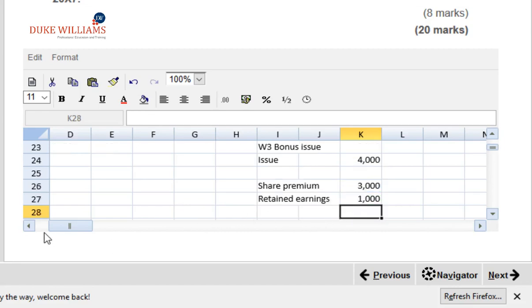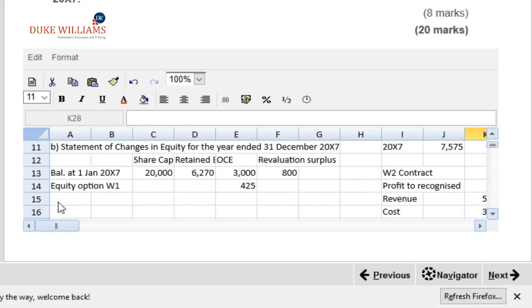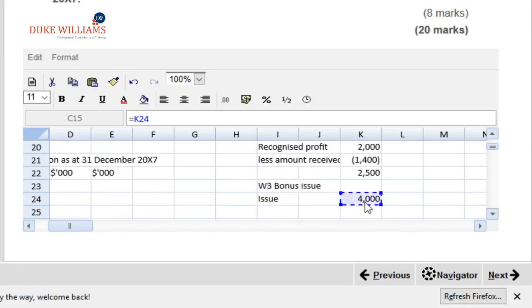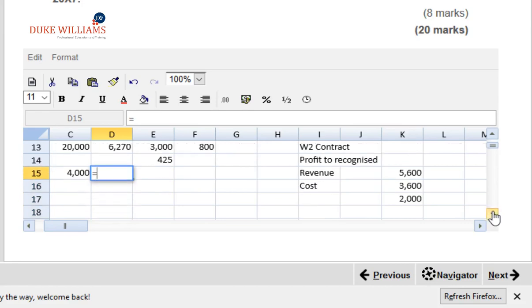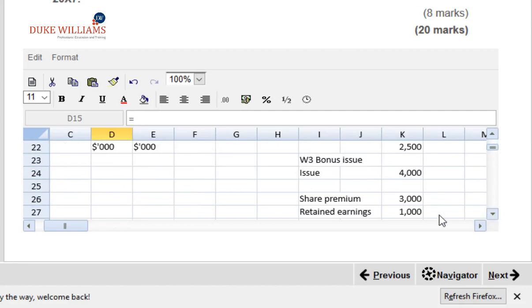Okay, so let's quickly go to the statement of changes in equity and put this right in there. And don't forget, we are not wasting time on it. So bonus issue is working 3. Now the bonus issue would be increasing the share capital, which is this one. We enter it. Then retained earnings will go down by 1,000.